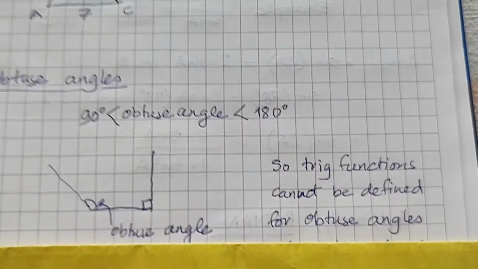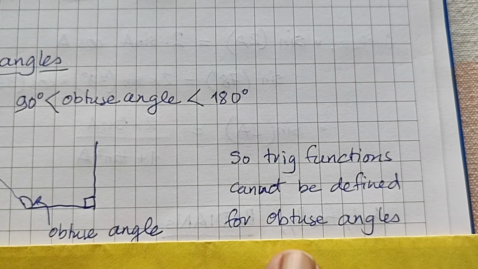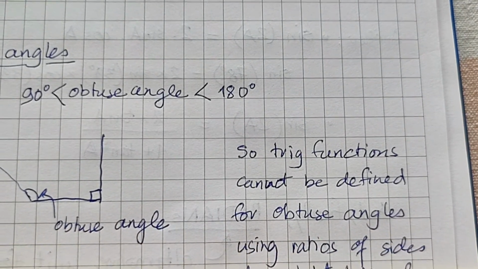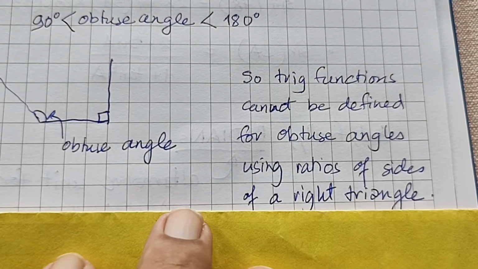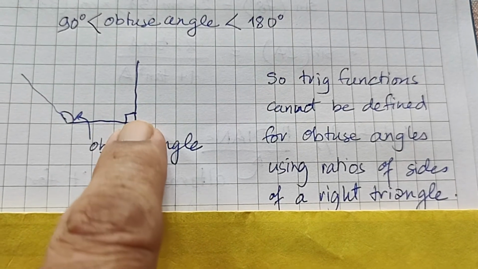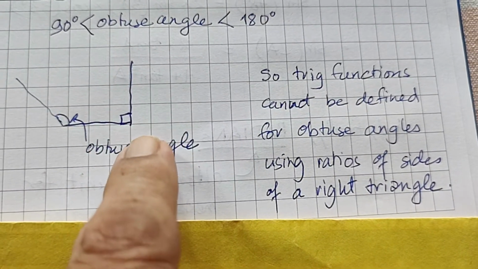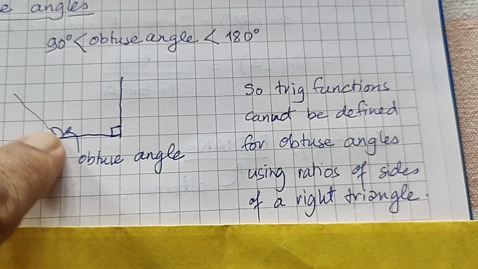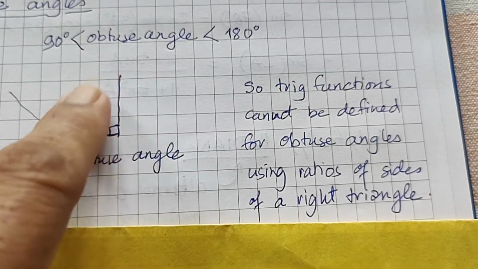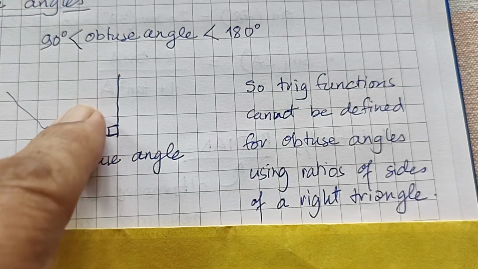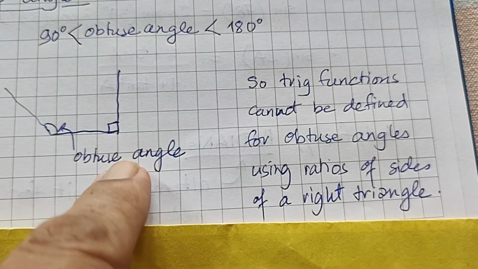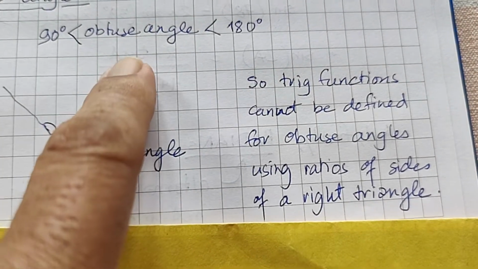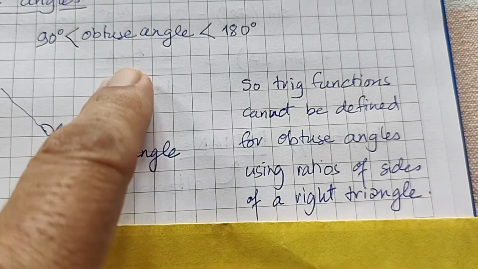For example, trigonometric functions cannot be defined for obtuse angles using ratios of sides of a right triangle. So if you have a right triangle, this is a right angle, this is one side, this is the other side, and if I take an obtuse angle here, say 120 degrees, then I won't even get a triangle. The triangle will not even be complete, because in a right angle triangle you have to have two acute angles.